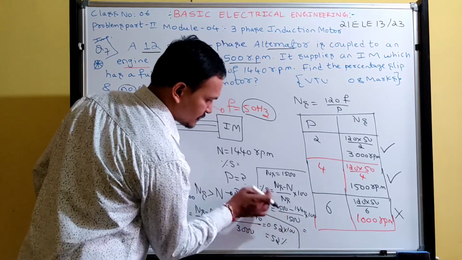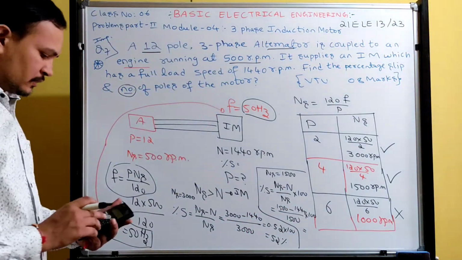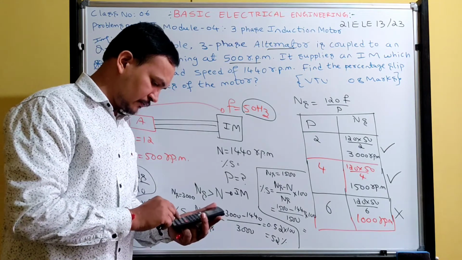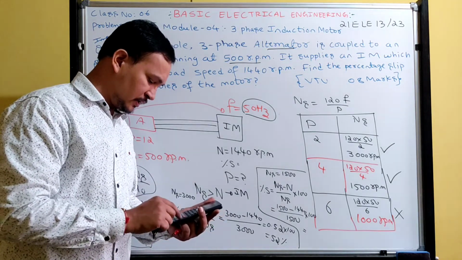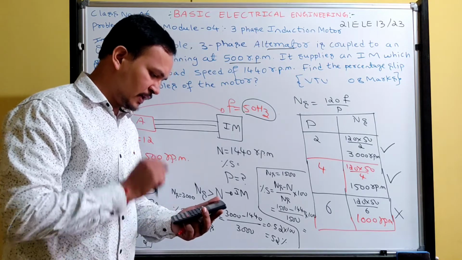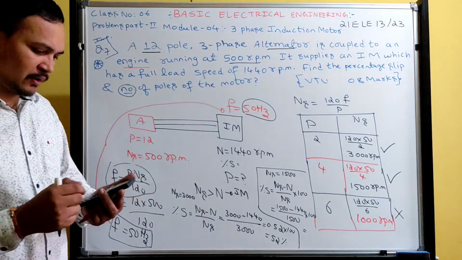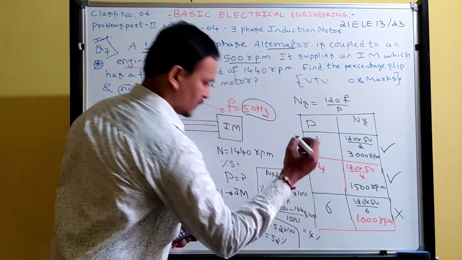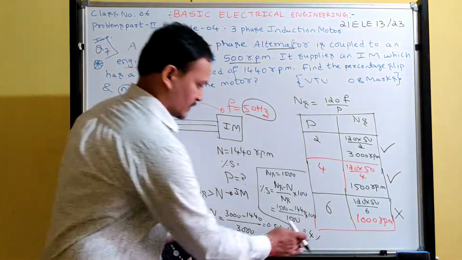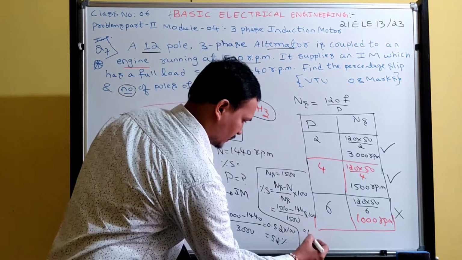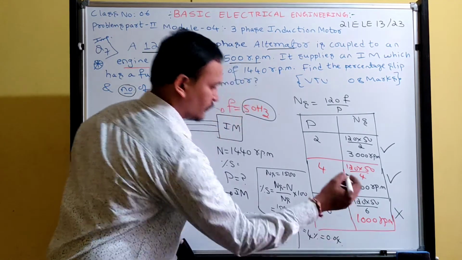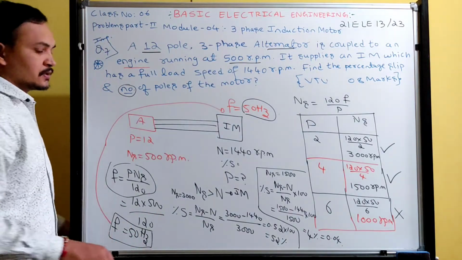How much do we get? We can solve that. 1500 minus 1440 divided by 1500. So I got the answer 4%. Slip is how much? 4%. I got 4% of slip, otherwise 0.04. Got it, guys?